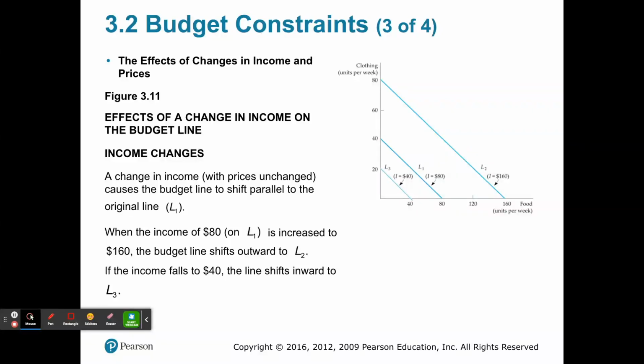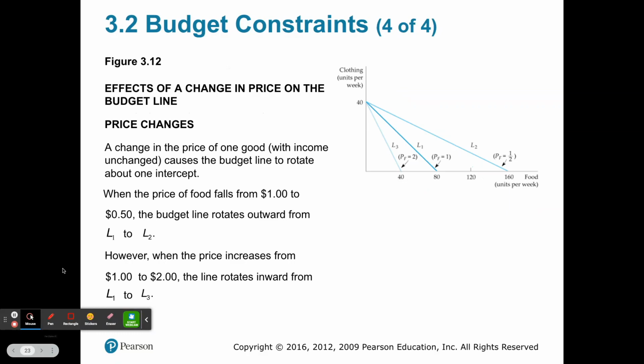But as you'll notice here, at least for this scenario, if there's just an income change, then the budget constraints will be parallel to each other. If, however, I change the price of a product, you can see here, if the price of food is falling, then I can buy more of the product.